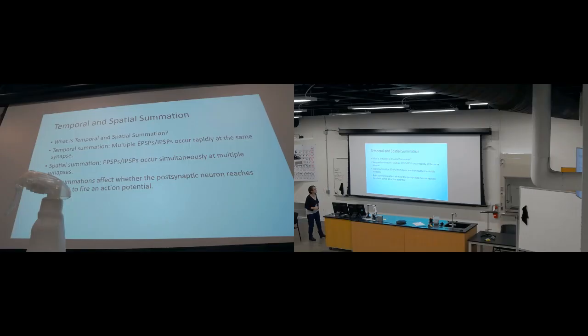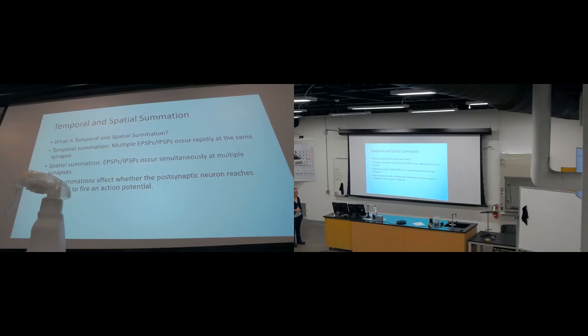It can be in time or space. So temporal summation happens when you have an area where you receive at the same synapse excitatory and inhibitory postsynaptic potentials. So in this case, you add how many stimuli you receive per minute, for instance.